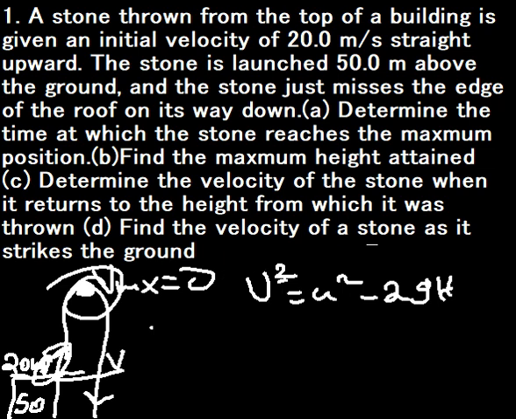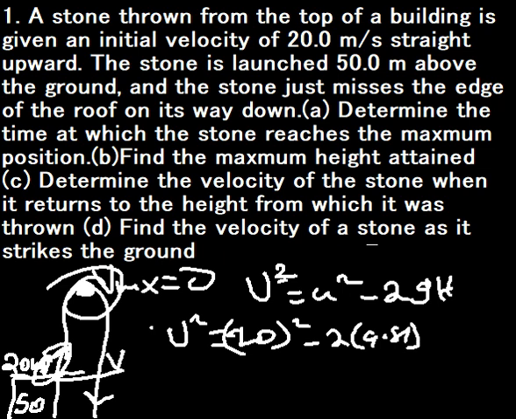We discussed that for this nature of free fall motion, the displacement is the height of the building, presented as negative. So we'll have v squared is equal to 20 to the power 2 minus 2 times 9.81 times the height of the building, which is given as negative 50. So what's that?